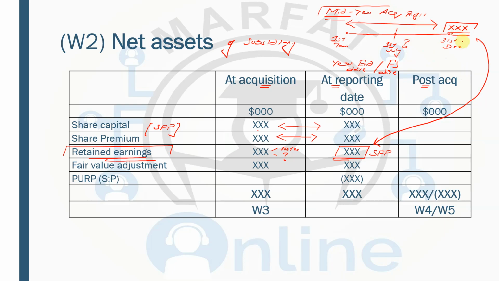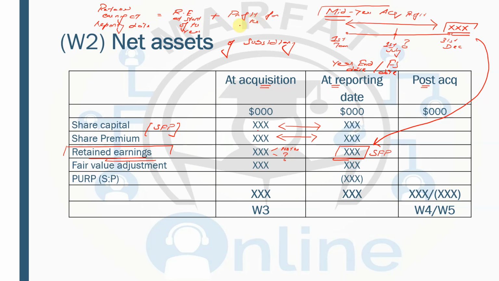So we have the retained earning at reporting date, and remember one thing. This is the simplest thing to understand: how is this retained earning at reporting date calculated? The simple formula is retained earning at start of the year plus profit for the year.